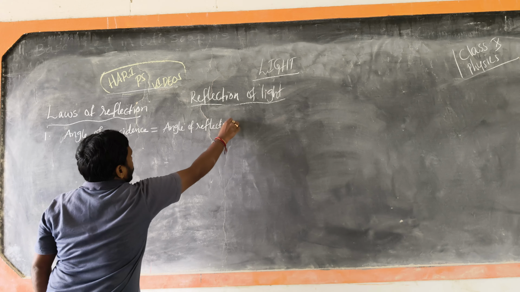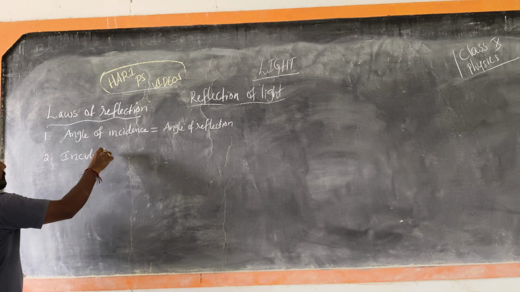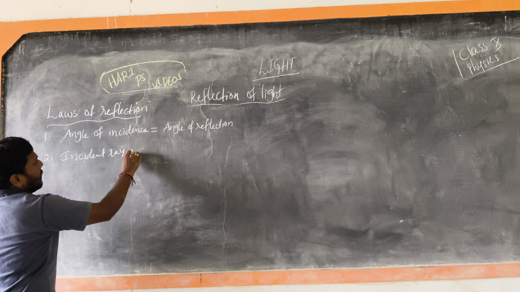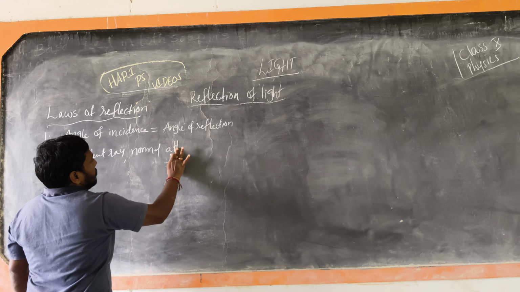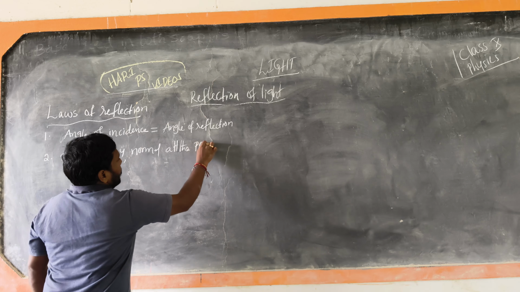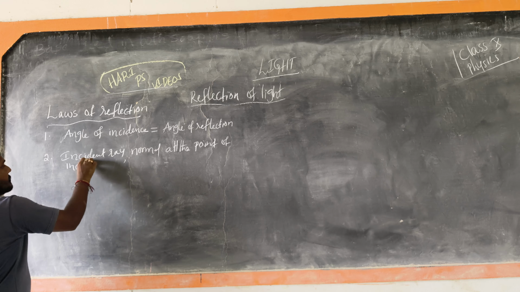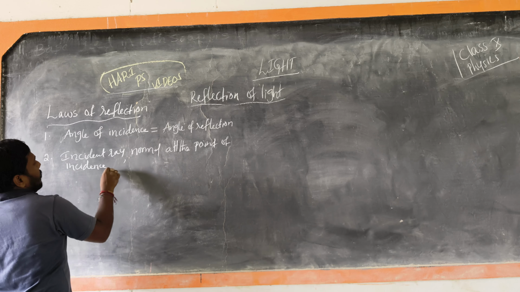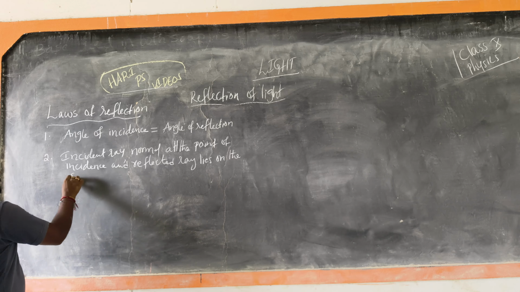The second law is: the incident ray, the normal at the point of incidence, and the reflected ray lie on the same plane.